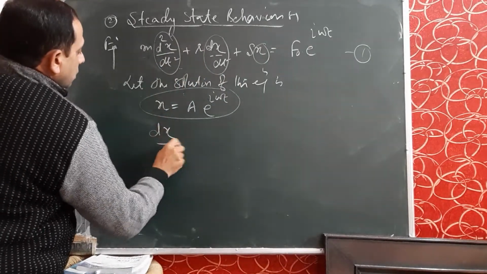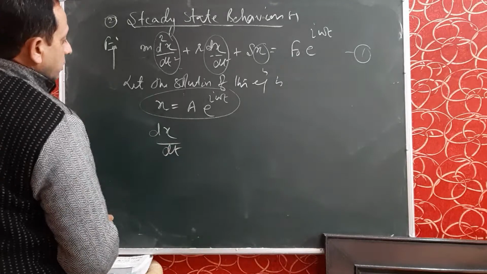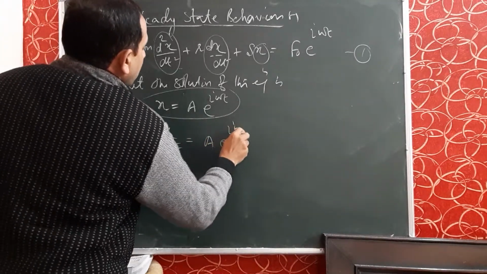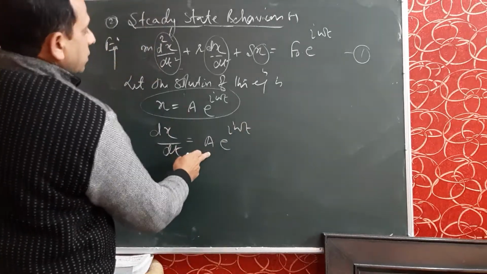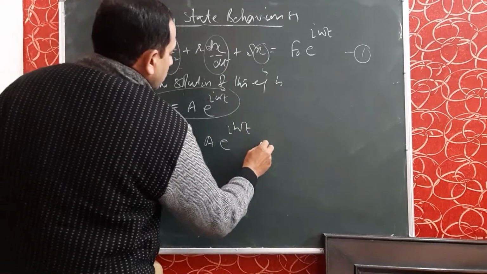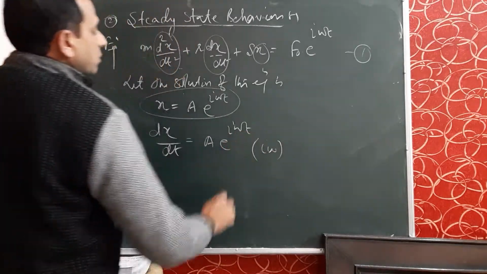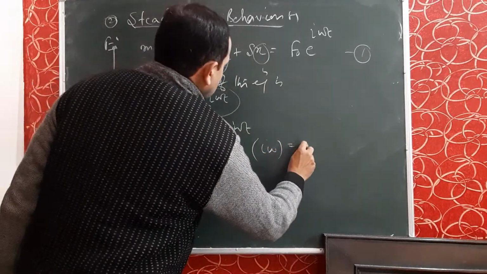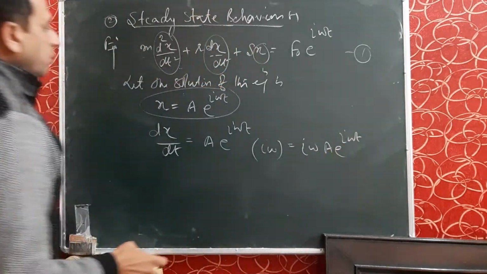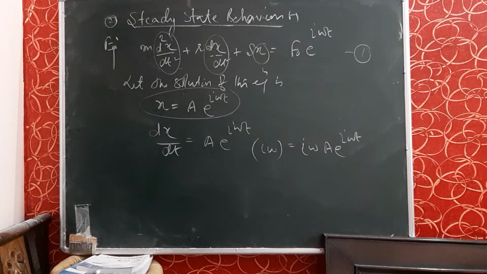So, taking the derivative, dx by dt is the derivative of a e power iota omega t. You know that a is constant and the derivative of e power iota omega t is e power iota omega t into iota omega. So, ultimately it is iota omega a e power iota omega t. So, this is dx by dt.